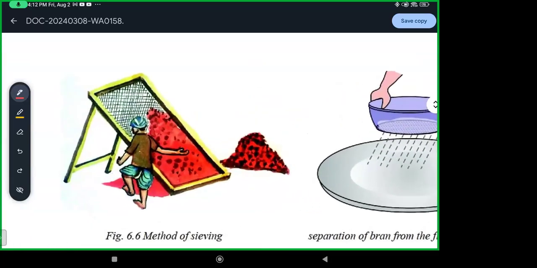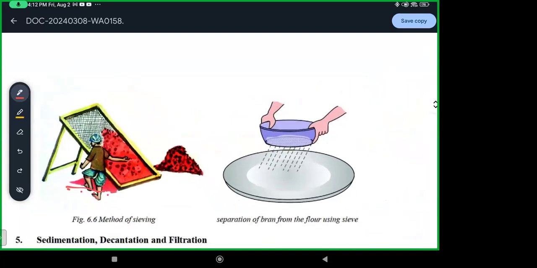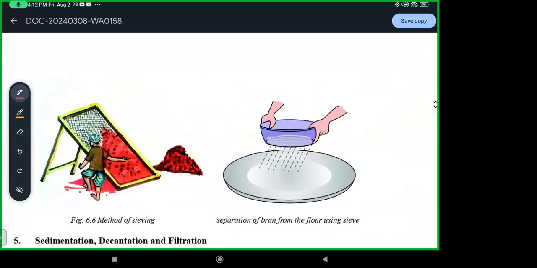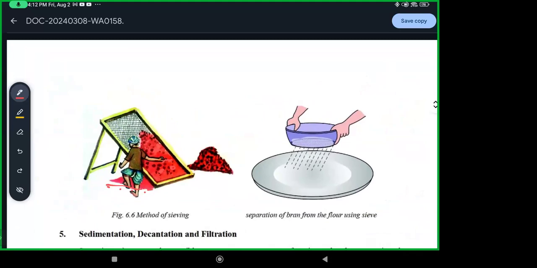Stones and pebbles collect here, and fine sand comes here. It's separate. And this is separation of bran from the flour using a sieve.